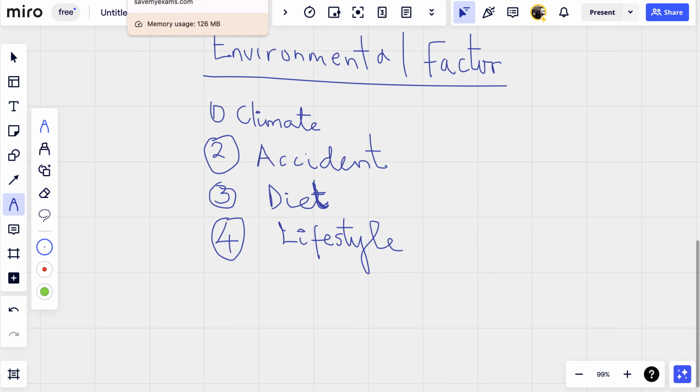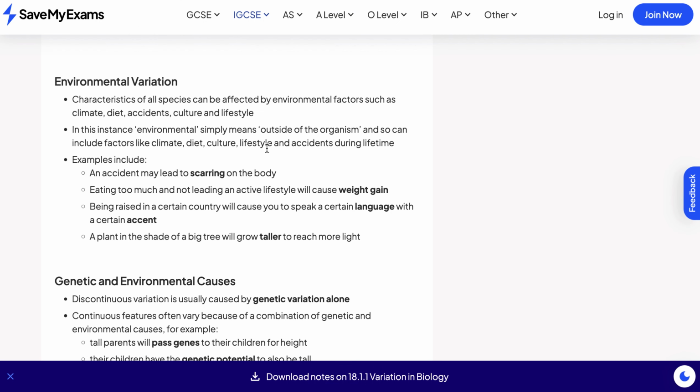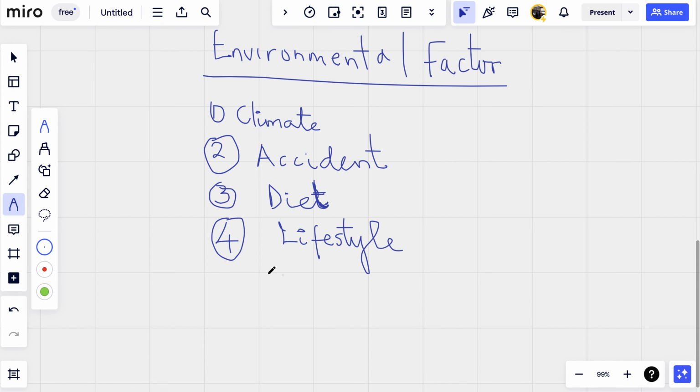Is that okay? So let's take a look at another factor. We mentioned accident, right? An environmental factor. Then the culture of a people. There are some cultures that affect your weight. For example, there are people always dancing, cultural music, singing, dancing. These contribute to burning the food that you eat and give you a proper shape and good balance.